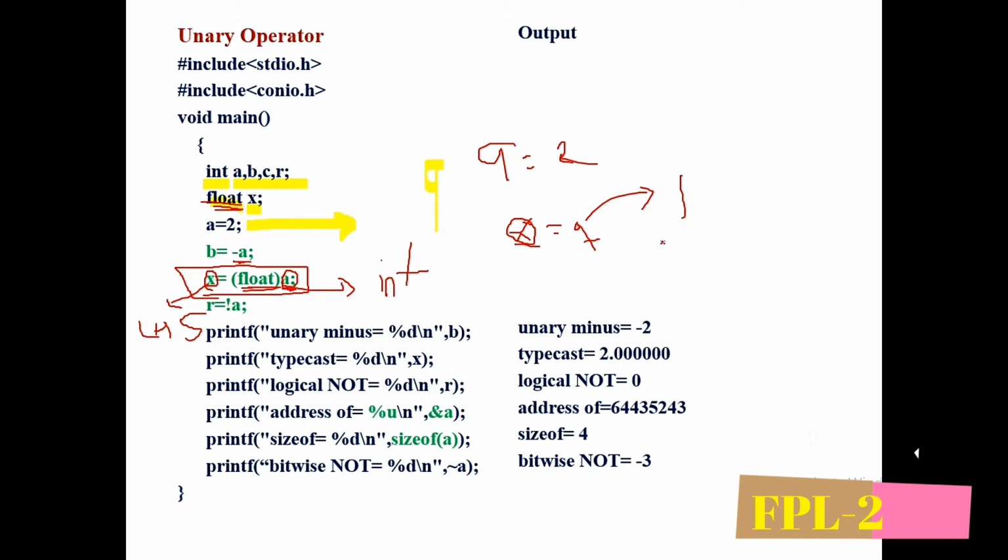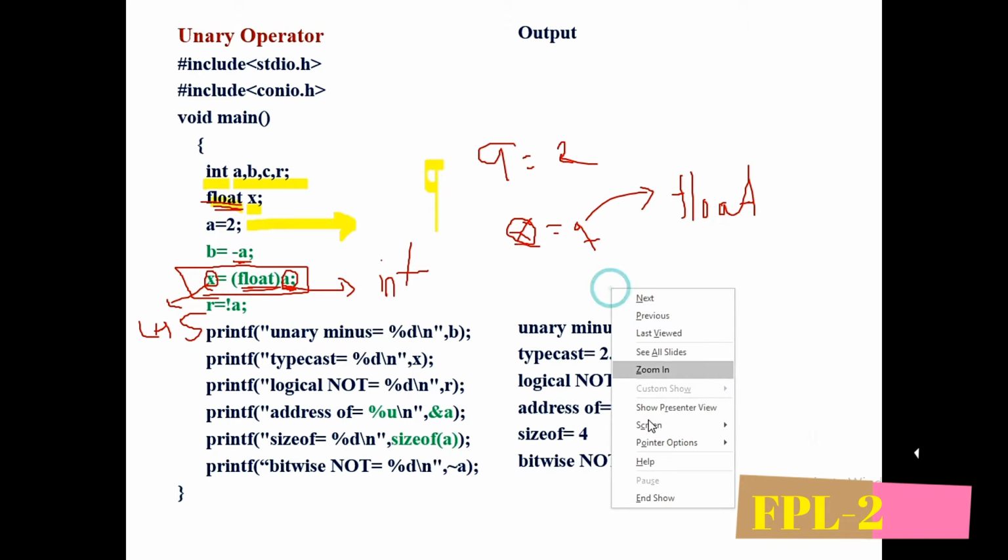The type of X is float, so we will convert the value of A. We are not converting A from int to float, we are just converting the value of A from int to float.